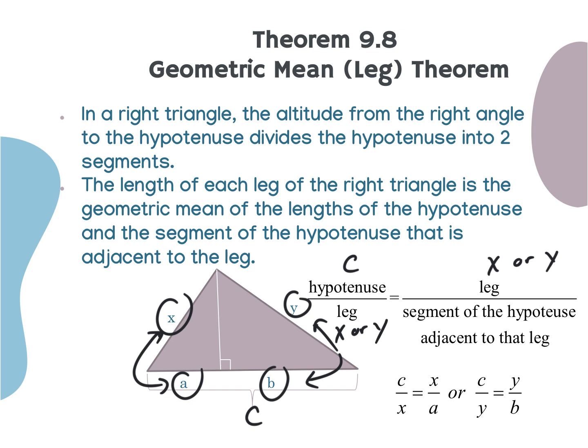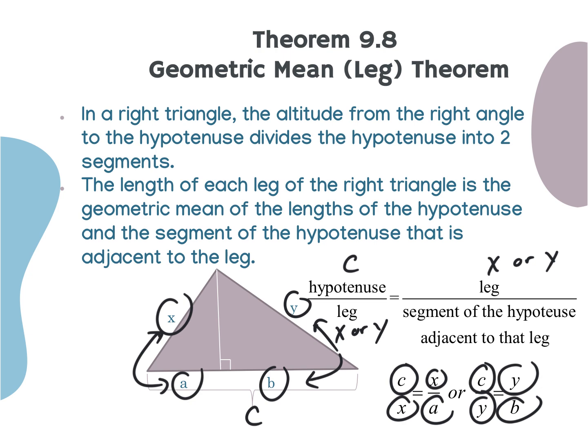So if you notice, we have c, the hypotenuse, x, x, so the same one, and then a, which is right next to it. Or if we use y, we have, again, the c, which is the hypotenuse, y, y, and then b, which was the one adjacent. So it doesn't matter what leg you use, as long as you are consistent that if you use the leg on the left, you have to use the segment that's adjacent to that leg. And if you use the one on the right, you have to use the segment that's adjacent to the right.